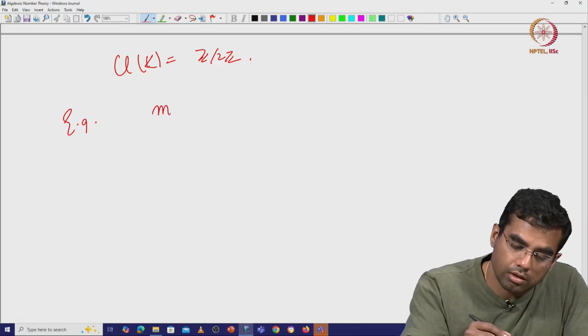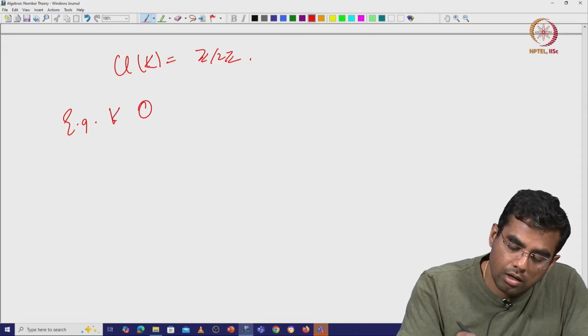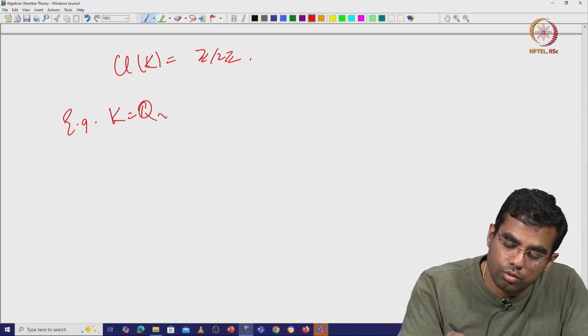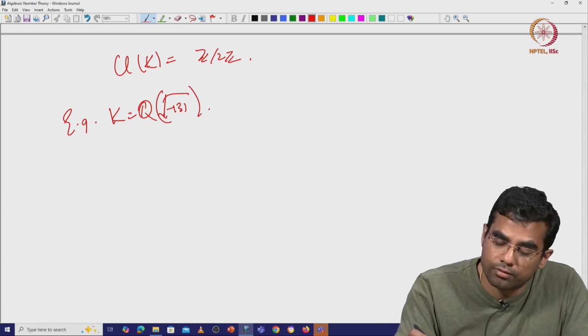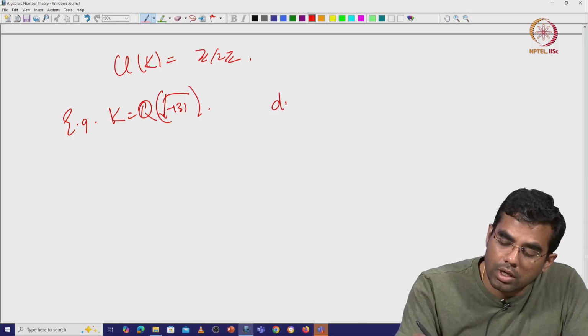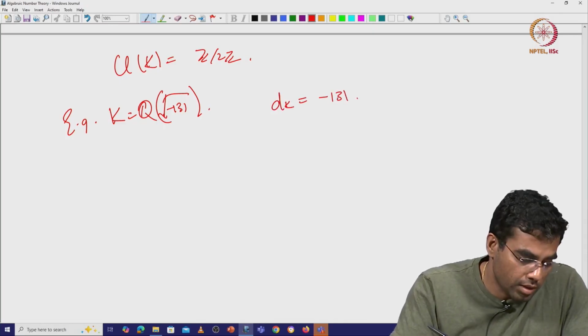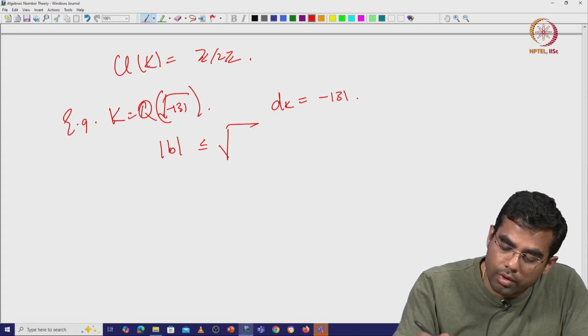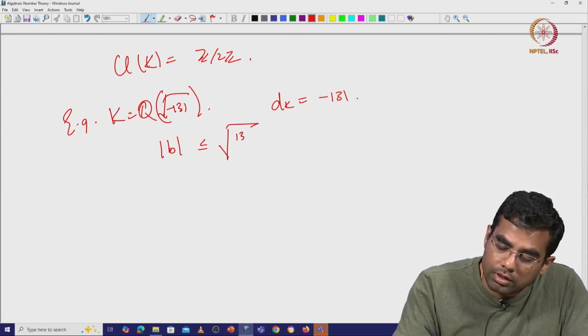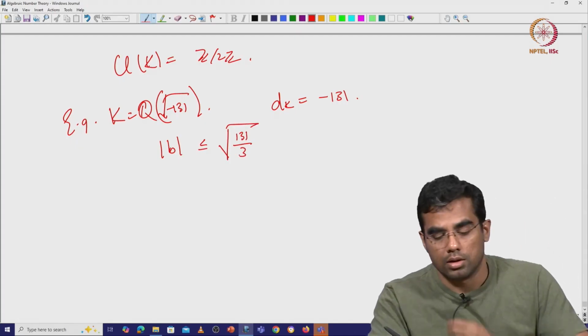So I take K to be Q(square root of minus 131), and minus 131 is also 1 mod 4. So dK is again minus 131, okay. And so the absolute value of b is less than or equal to square root of 131 by 3.